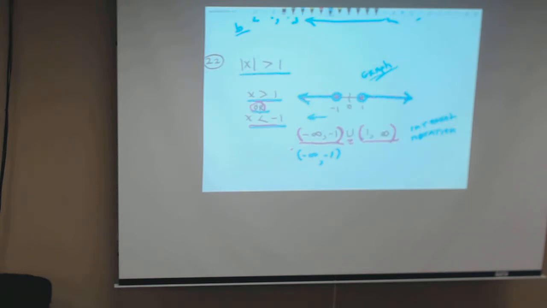Or it could be a parenthesis with a 1 and a positive infinity. And if, back from our set notation stuff, it means this or that, which would be the union of those two. And there's your interval notation.